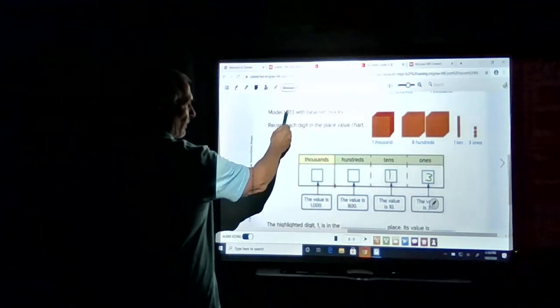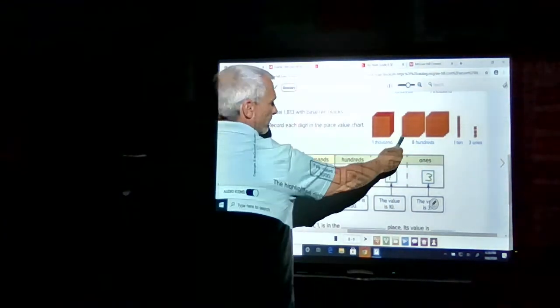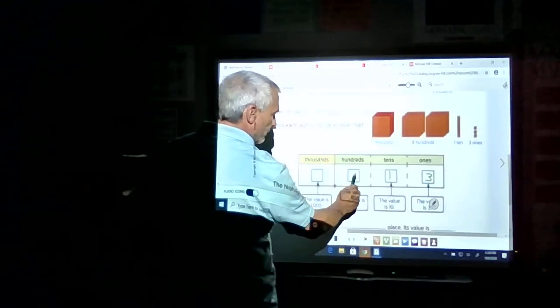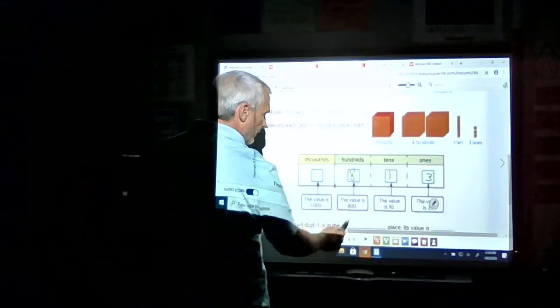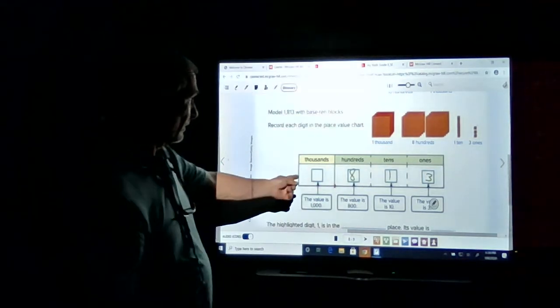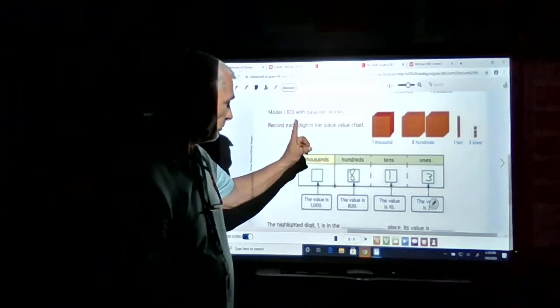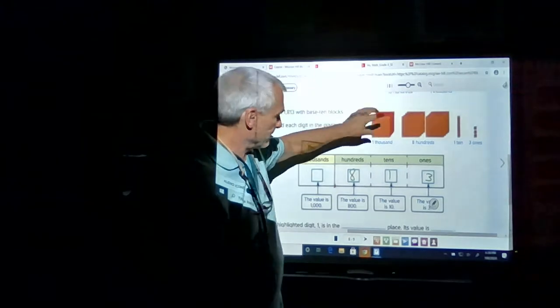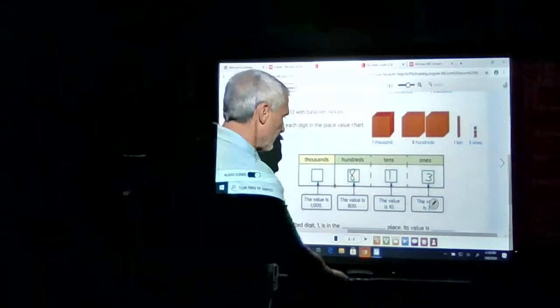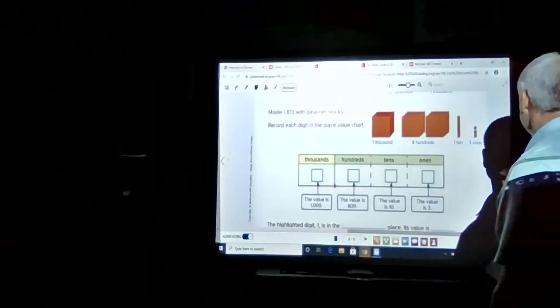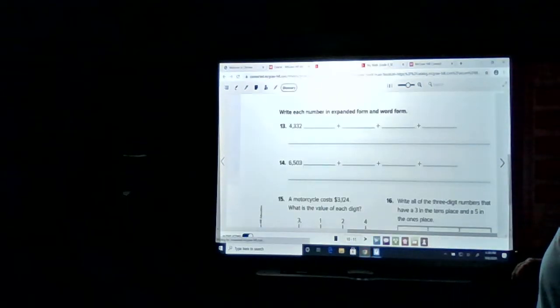The 8 is in the hundreds, there's 8 of them, and if we counted up 800s, it'd be a value of 800, that goes right here. And the value of the 1 is all the way into the thousands. There's only one of them, but that's a lot because it's in the thousands place. So I'll erase this. And we'll go to the next slide.